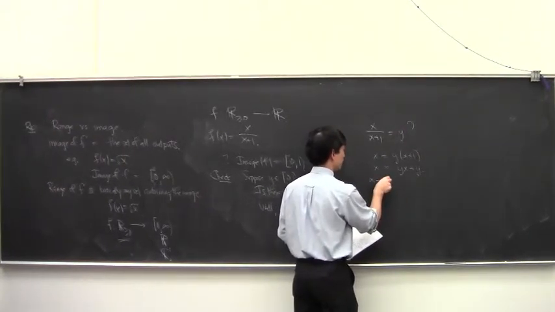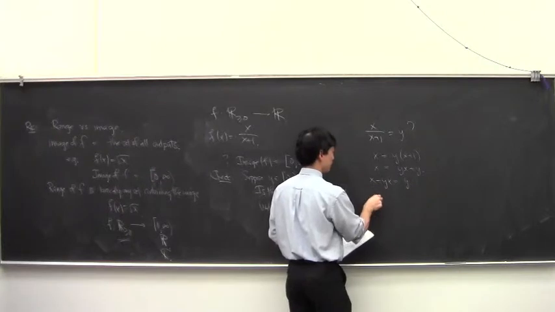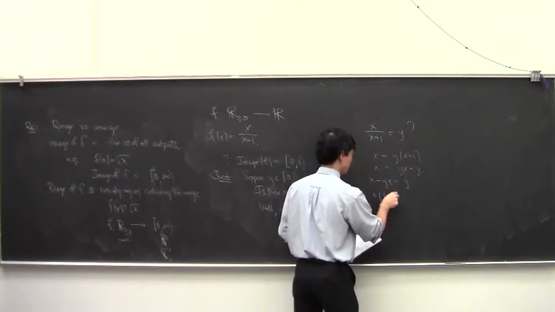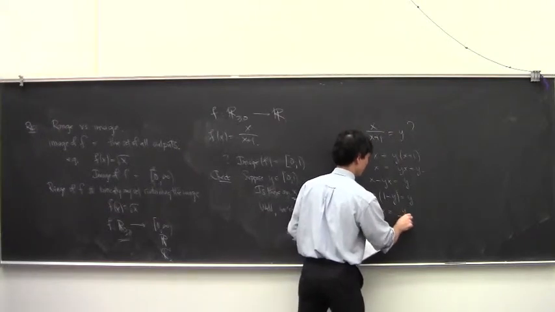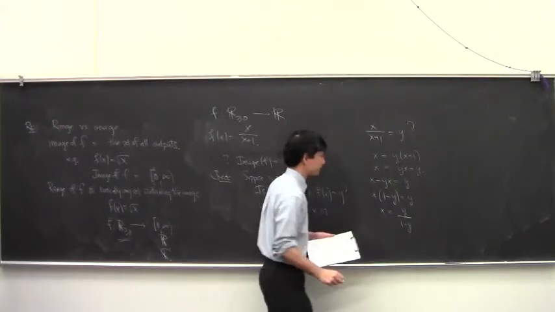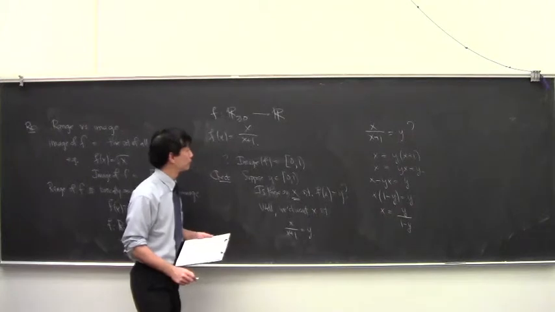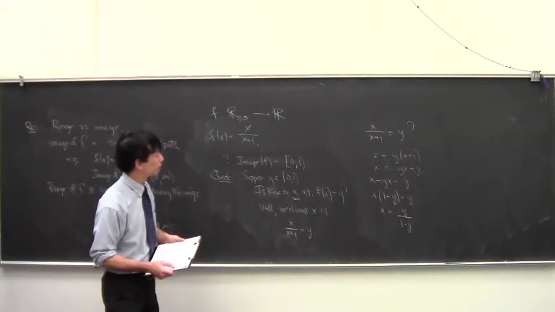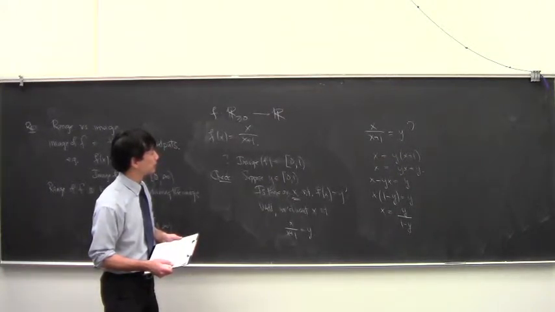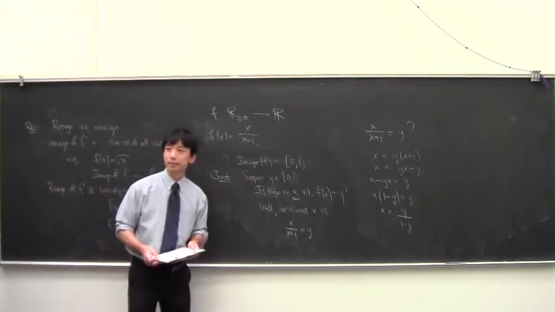Factor out x. So x times (1 minus y) is y. And so x is going to be y over 1 minus y. Is that right? Did I make a mistake? No, that's right.